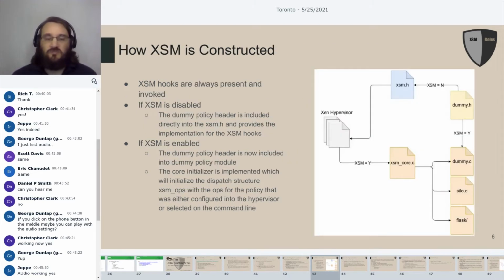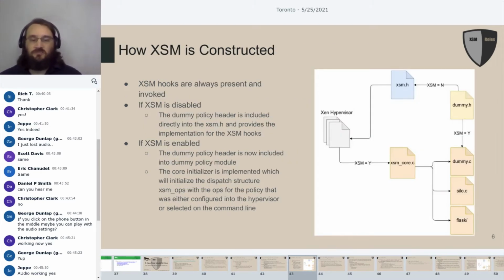So with this understanding of the roles that are possible in Xen, now let's take a look at how XSM itself is set up today. The XSM hooks are always present and they're always invoked within the hypervisor.